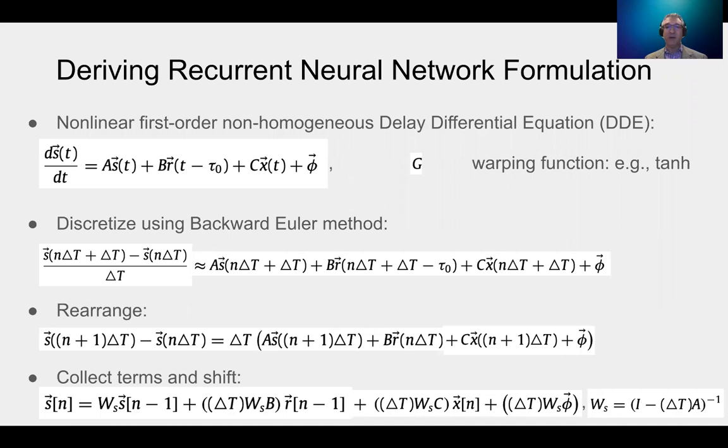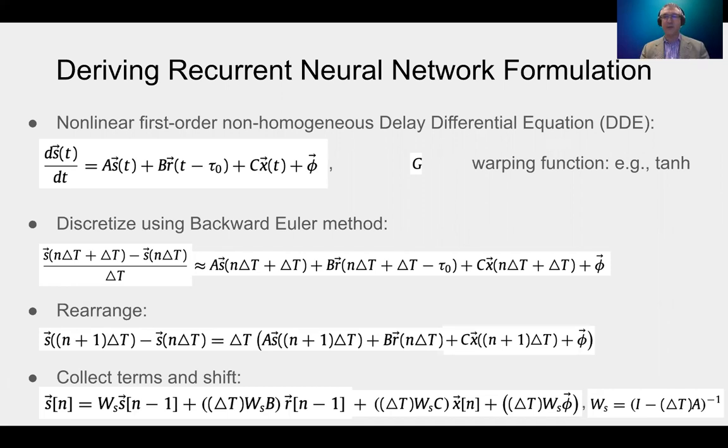By replacing all occurrences of continuous time t with its sampled version n times delta t, the differential equation turns into the difference equation that depends only on the discrete index n.